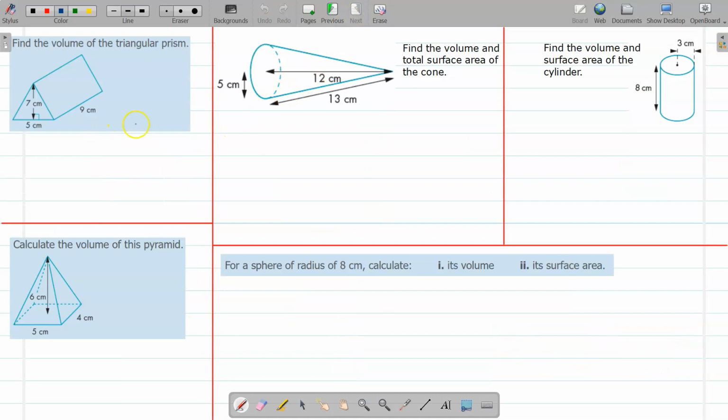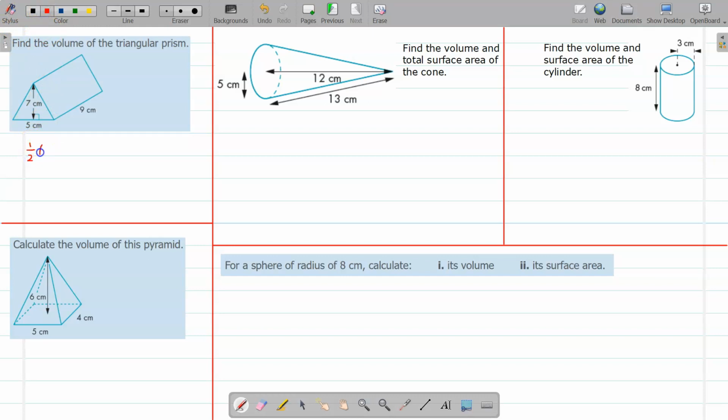First question. We have a triangular prism, like a Toblerone bar. You cut it along its length and it will always give you a triangle with a base of 5 and a height of 7. What's the volume of that? Quite simply, you find the area of the end, or the cross section, which is a half base times height.